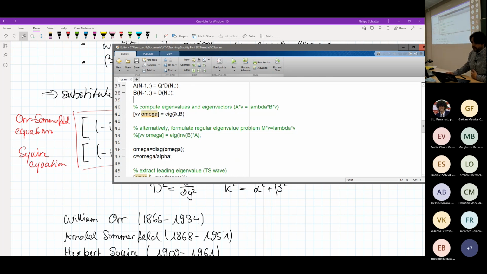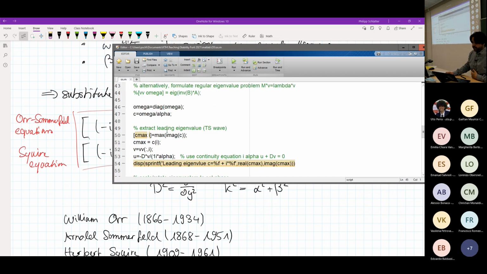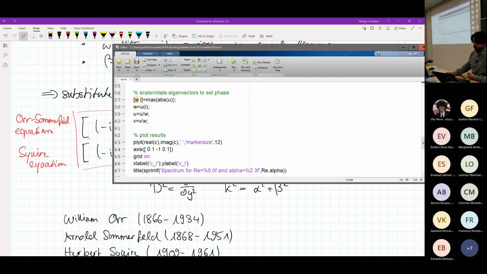And then once I have my eigenvalues in omega and the eigenvectors in v, I just post-process them a little bit, and I extract the leading eigenvalue, the one that has the highest imaginary part. That's the one that we don't like, that's the unstable one. And then I plot. That's it.